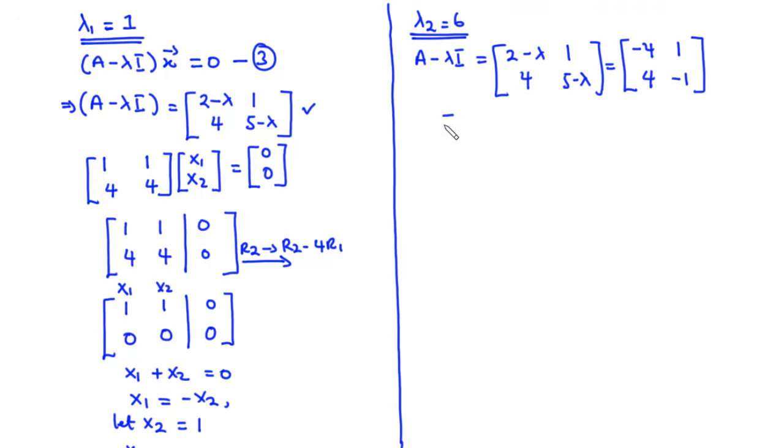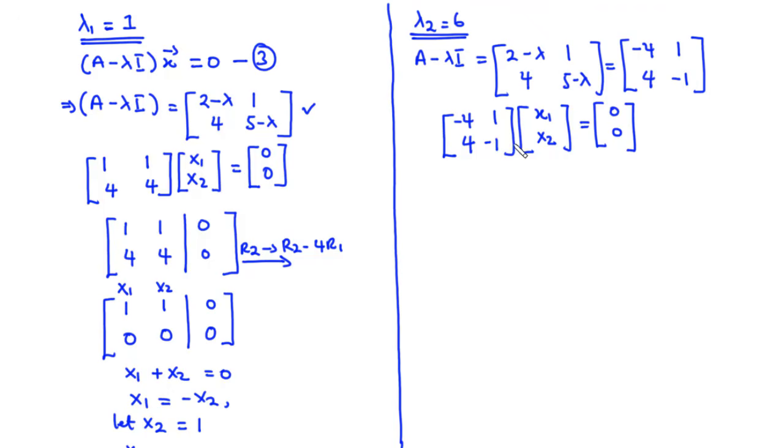So we have negative 4, 1, 4, negative 1 times the eigenvector x1, x2 equals the zero vector which has elements 0, 0.